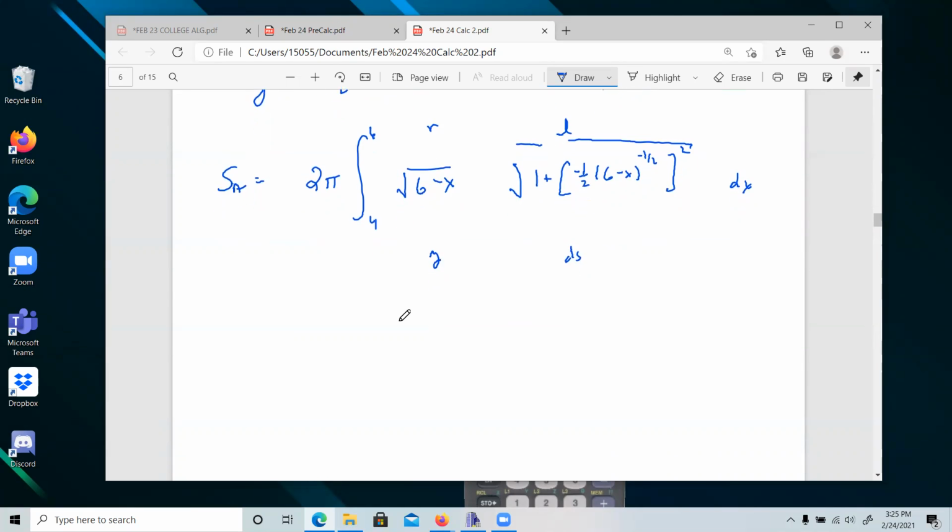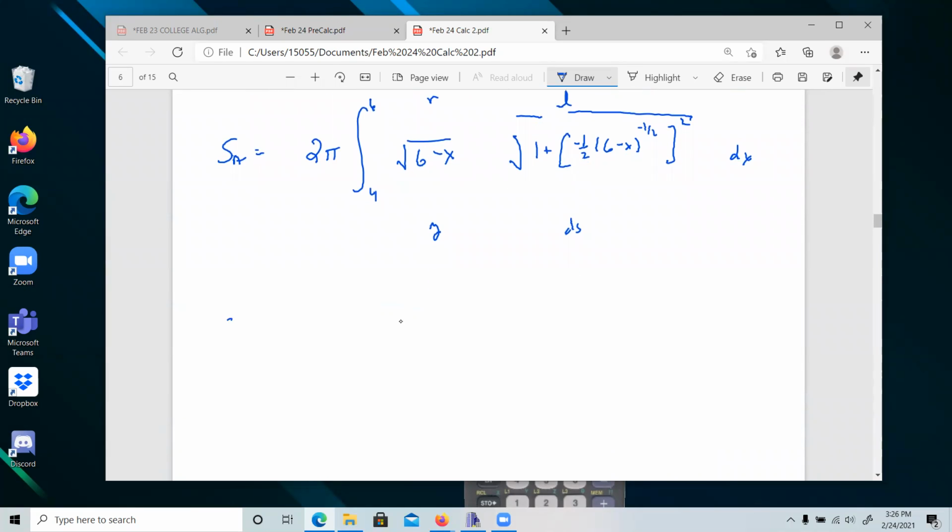Okay, so surface area 2 pi, 4 to 6, we've got 6 minus x here. All right, let's deal with this mess. Let's not even write this down yet. We're just going to deal with the surface area business and work on that.